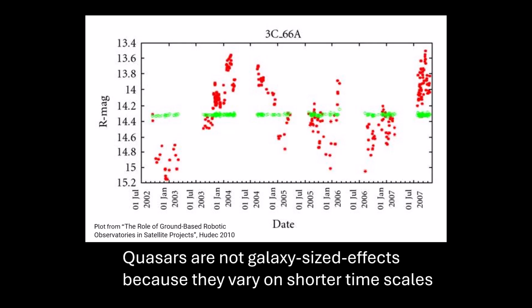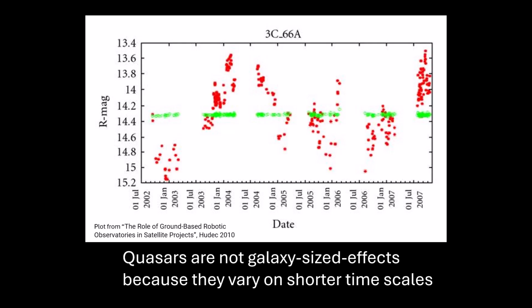So in order for us to estimate the sizes of these objects, we can see how quickly they vary. And these vary on the scale of months, or a couple of them on the scale of years. They get really, really bright for a small period of time, maybe months or years, and then they diminish in brightness.